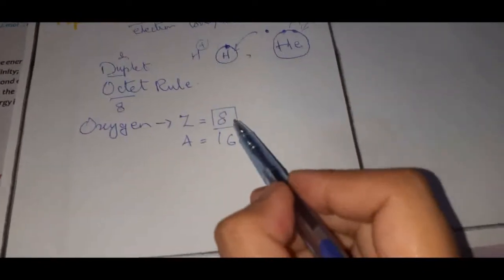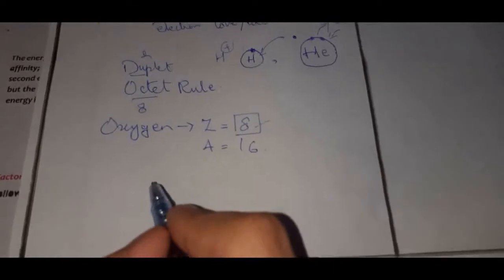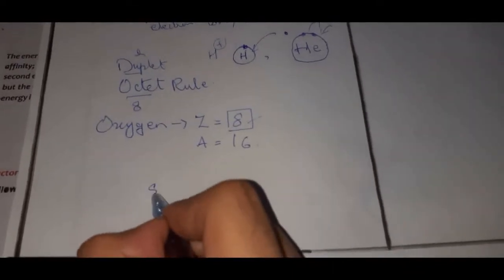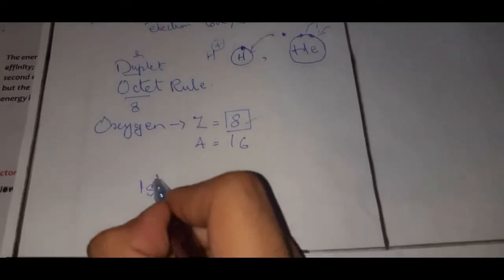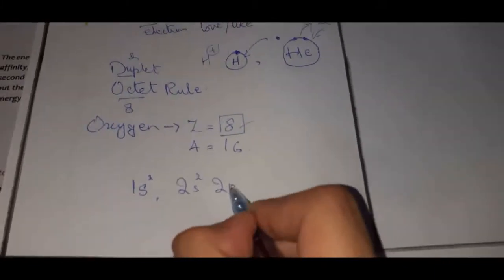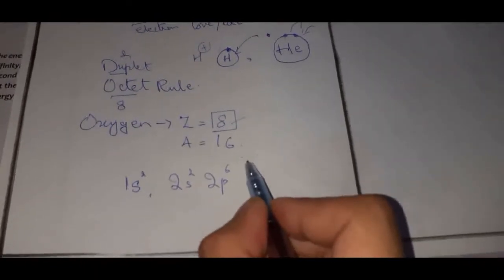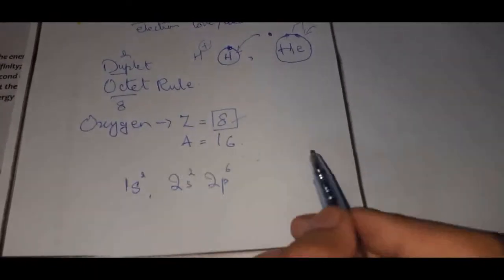This means it has 8 electrons and 8 protons, right? By writing its electronic configuration, we get 1s2, 2s2, 2p6. 2, 3, 4, 5, 6, 7, 8, 9, 10. So there are altogether 10 electrons.